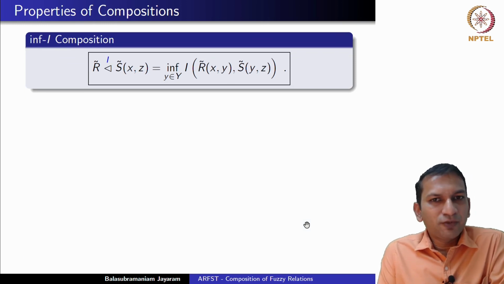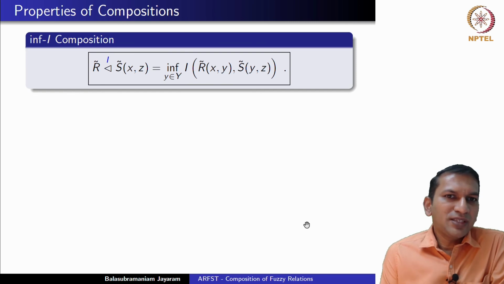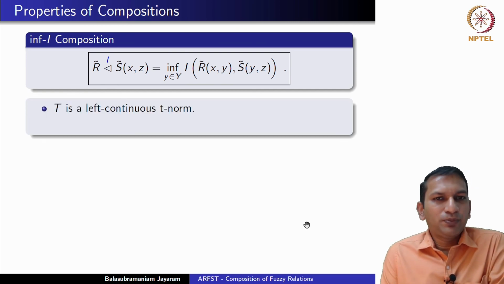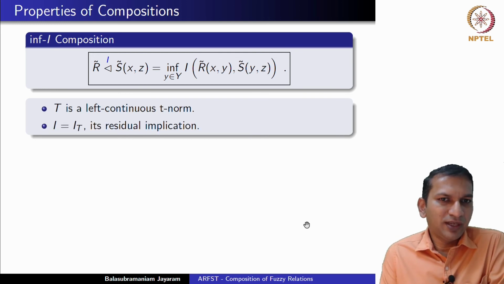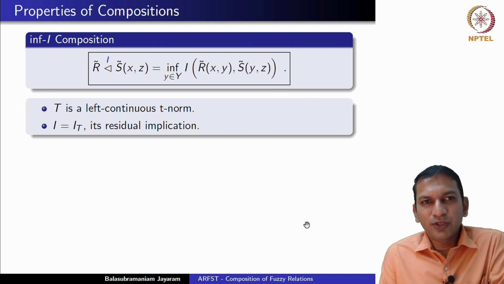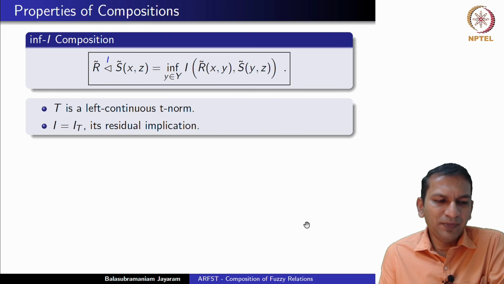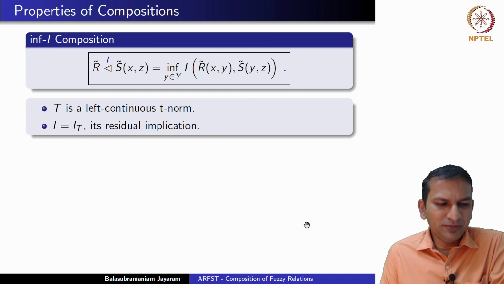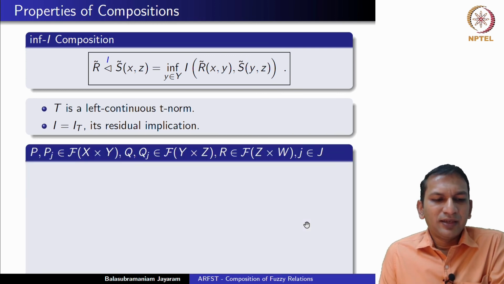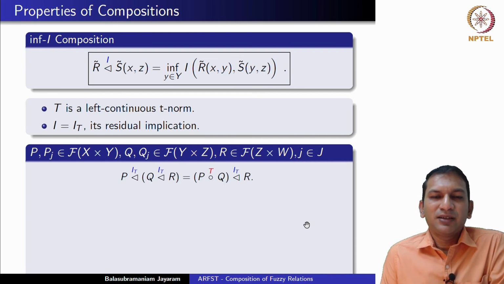Now, similar kinds of properties can also be explored for the Inf-I composition, but what is interesting is if you pick a left continuous T-norm and the corresponding residual implication IT. Remember, if T is left continuous, we can call the R implication the residual implication of T, or residuum of T. So if you fix T to be a left continuous T-norm and I to be its corresponding R implication, and with the same relations coming from these sets, we have some interesting properties.